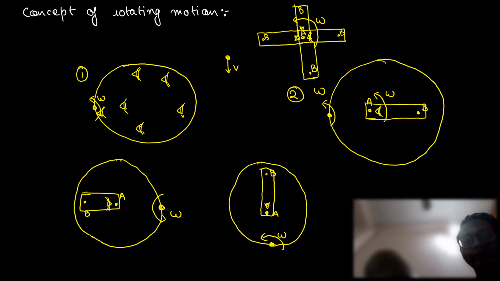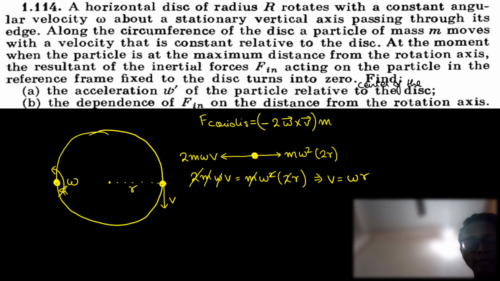Now let's look at what happens when we shift our frame of reference to the center of the disk. That means a point out here is also rotating with angular velocity omega, and this observer out here is also seeing this particle move with velocity v downward.